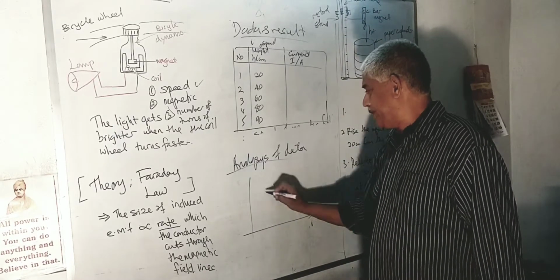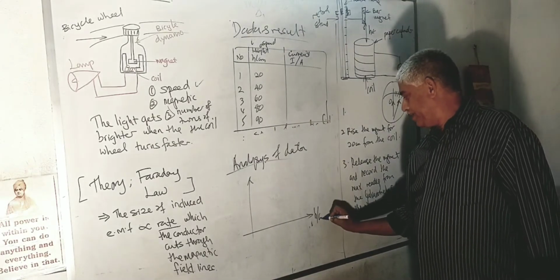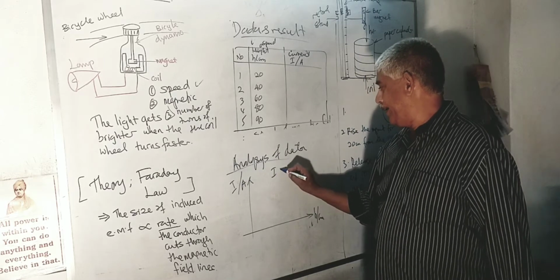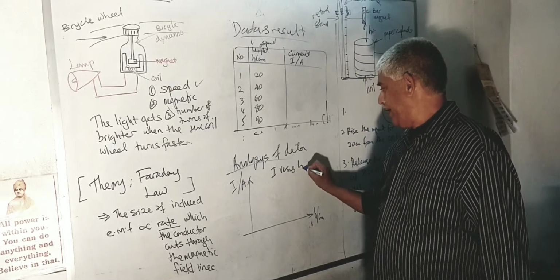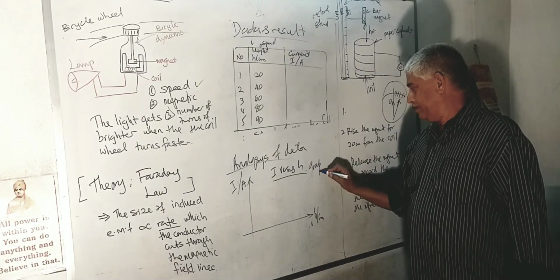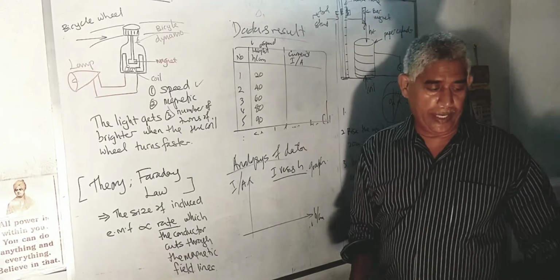So in SPM you just need to write: this is the manipulated variable, h in centimeter, and this is the magnitude of current. Okay, I versus h graph. So that's all. It's a very simple outline for 12 marks.